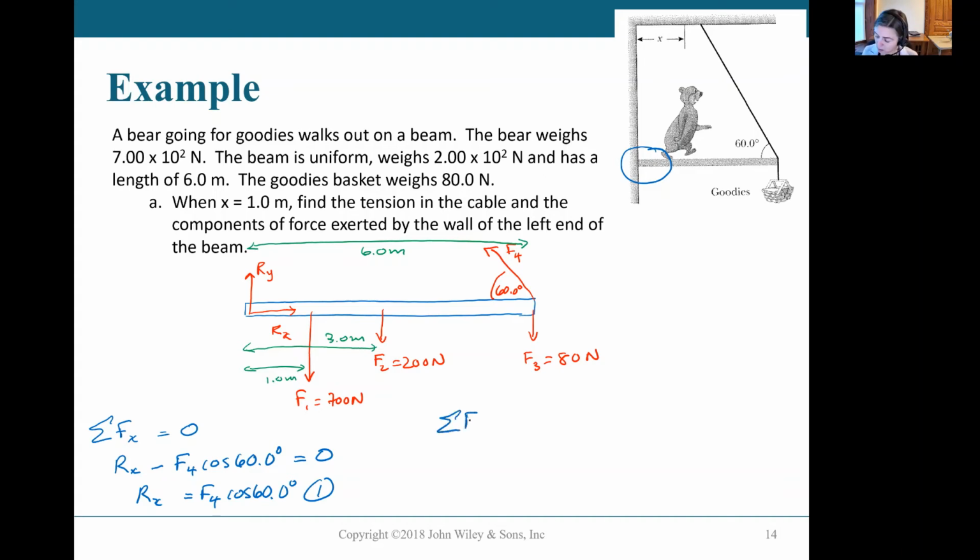The forces in the y direction also sum to 0. This is going to have more steps in it. Ry minus F1 minus F2 minus F3. And then there'll also be a component of F4 that goes upwards, so F4 sine 60, and all that is equal to 0. From that, you can get that Ry plus F4 sine 60 equals F1 plus F2 plus F3.